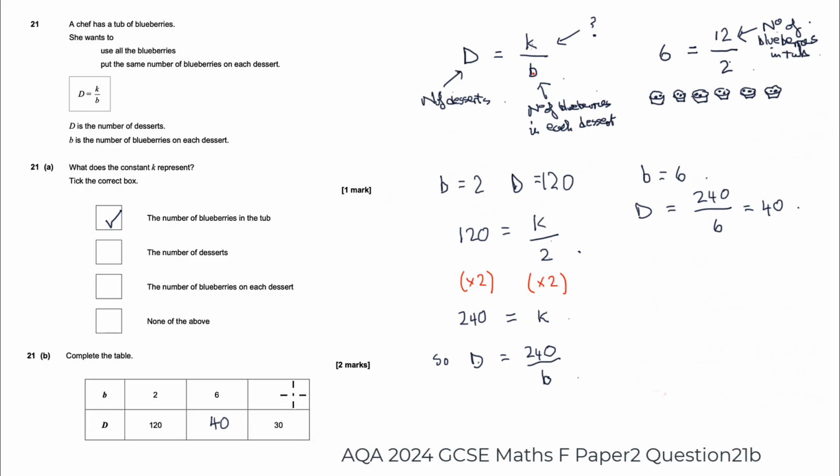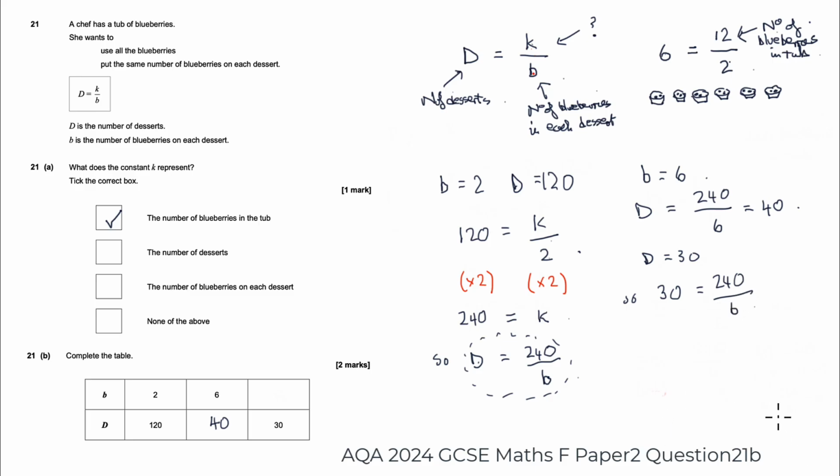The last one, we've to find B. We know that D is 30. So again, let's use this formula, but this time we know D is 30. So what does that mean? Well, it means that 30 is 240 divided by something.